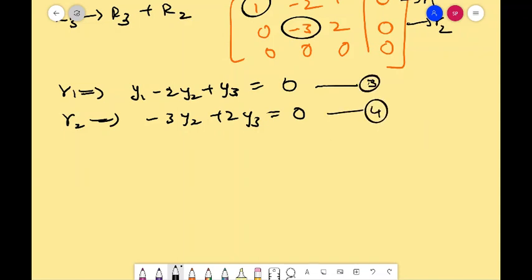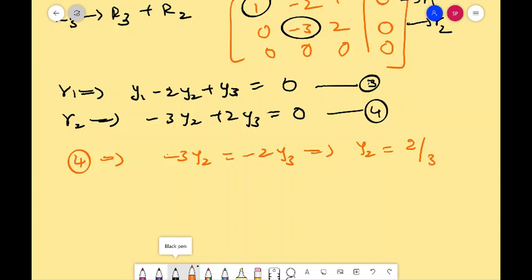I will take 4: minus 3y2 is equal to minus 2y3, that implies y2 is equal to 2 by 3 y3. This is equation 5.